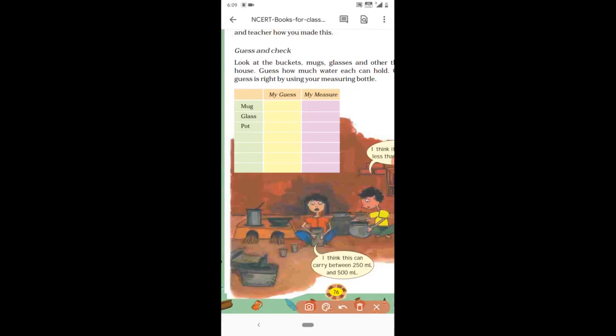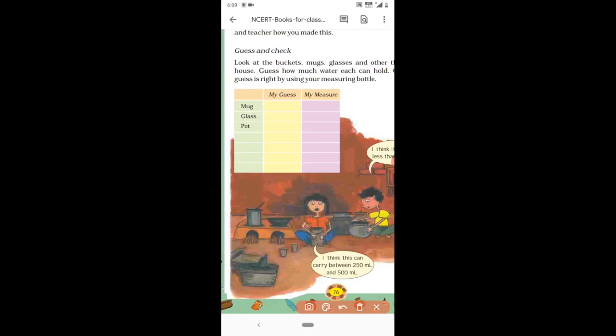Before pouring water into it, you have to guess on your own. For example, you may guess it may be 700 ml or 800 ml, but after using a measuring bottle and filling the mug or something else like a bucket, jug or pot, you will get to know that the actual measure of the vessel is somewhere near 800 ml, 1 liter or 900 ml.